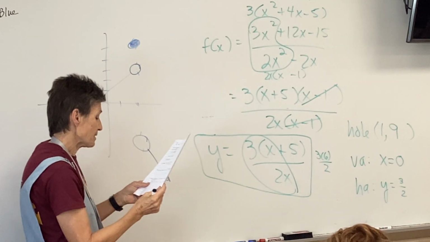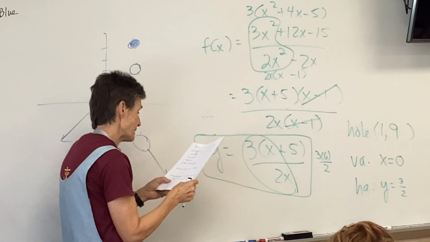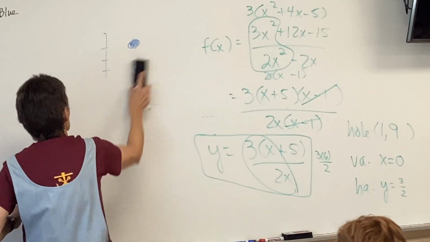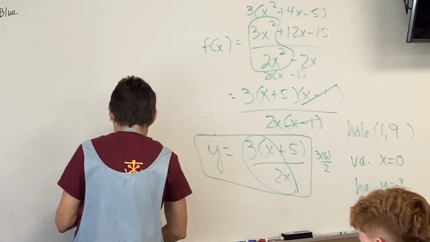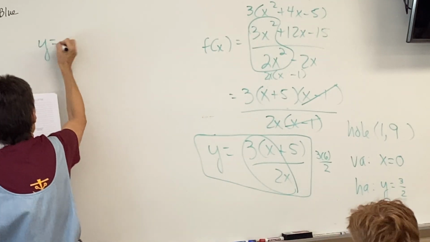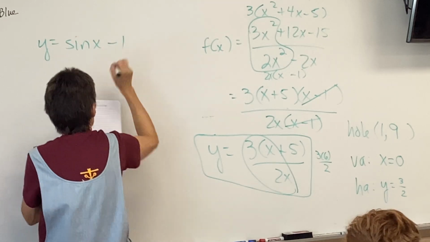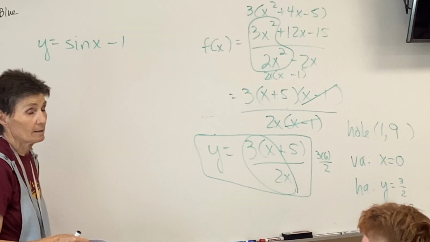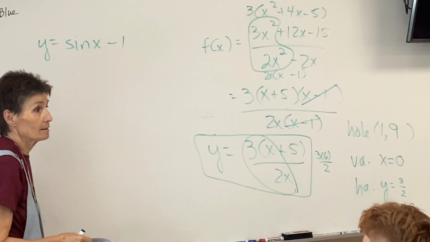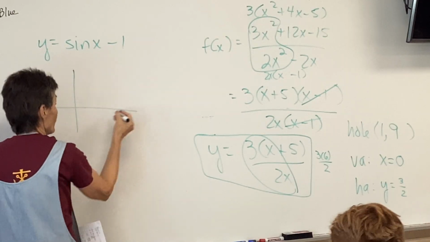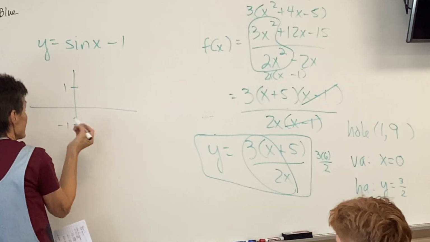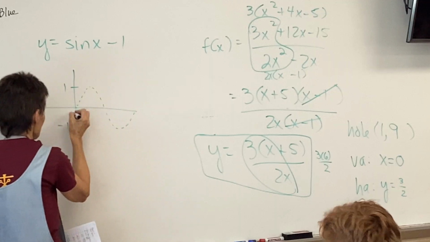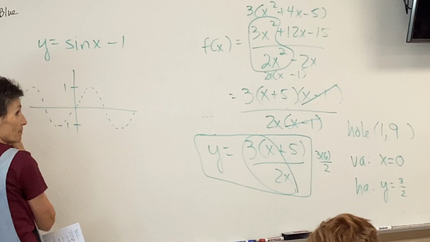Alright, sketch. State the domain and tell if it's bounded above, below, or both. So 3-part question. We're gonna start by sketching it. So you have to know what a sine looks like. Start at the original sine. A sine goes up to 1 and down to -1 like this.